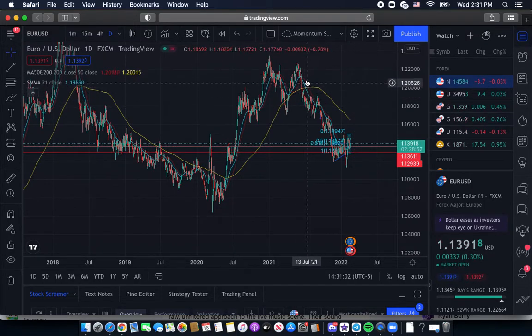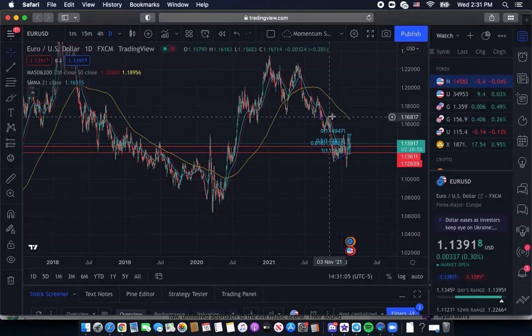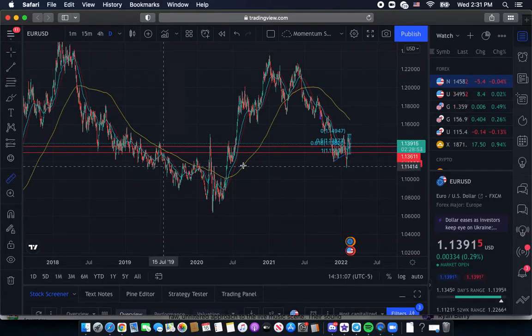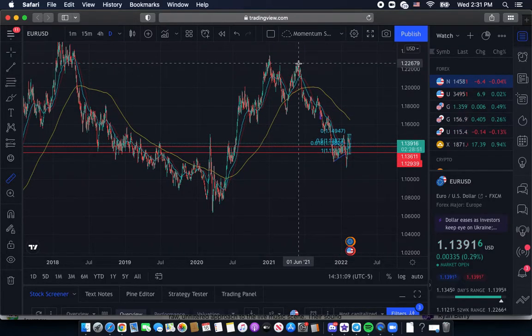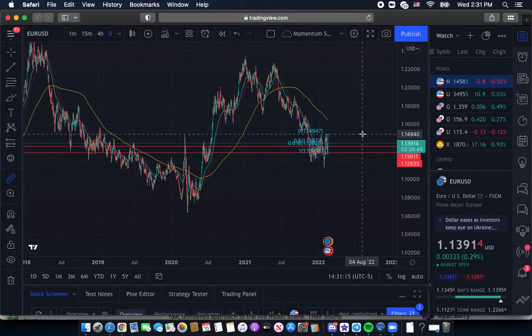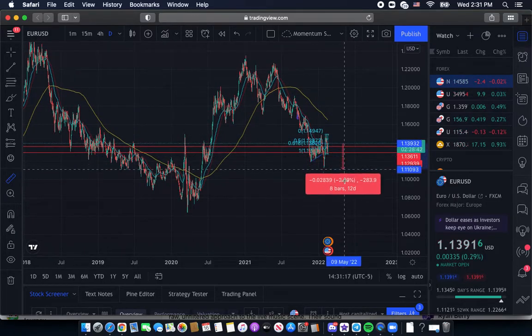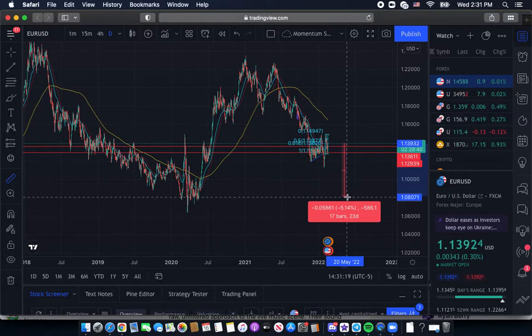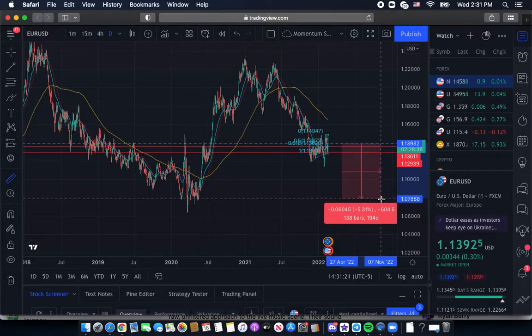We've been in some sells from the top that I've taken profits on. I called the sell back in October, right here. So say we take this trade and run it all the way down. Obviously it takes months to do this, but it could be a 600 pip move overall. It's pretty good.